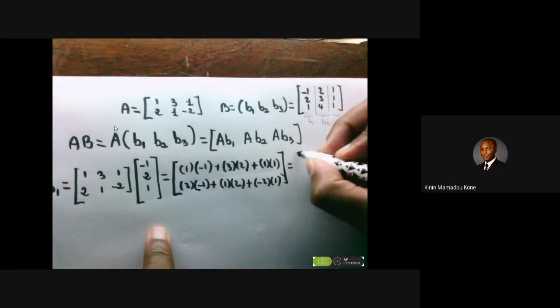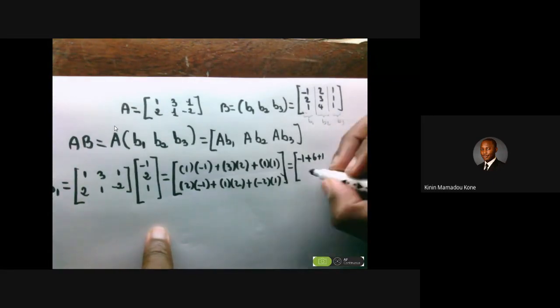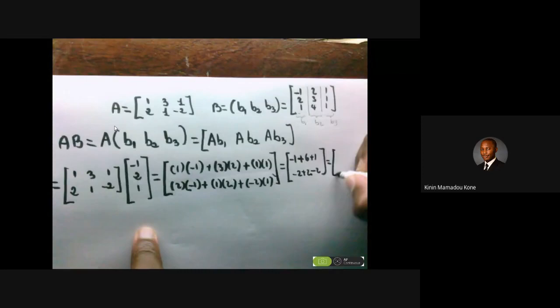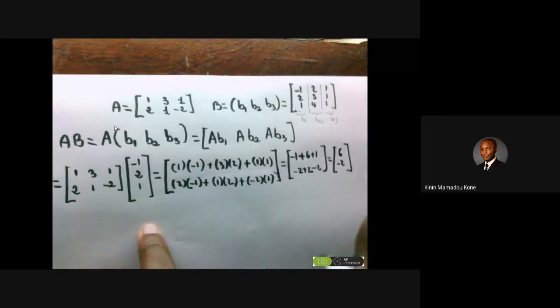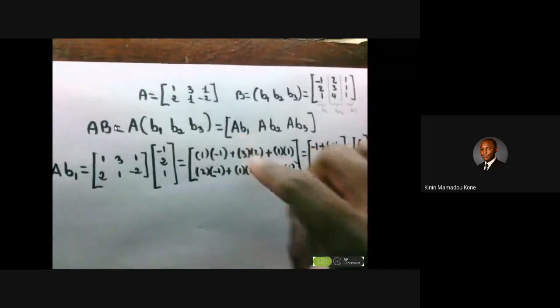And if I do the calculation, I have negative 1 plus 6 plus 1, negative 2 plus 2 minus 2. And that's going to be equal to 6, negative 2. That's the first block. So the first block that I'm going to insert over here.